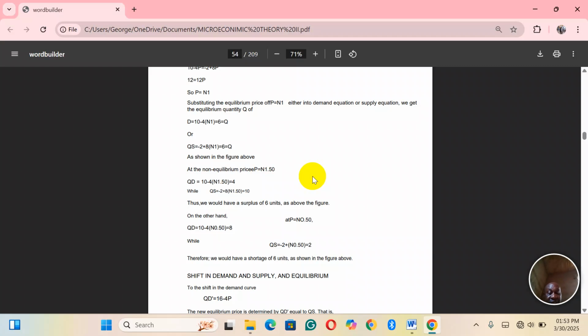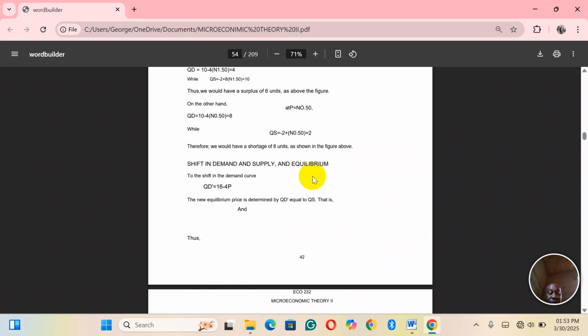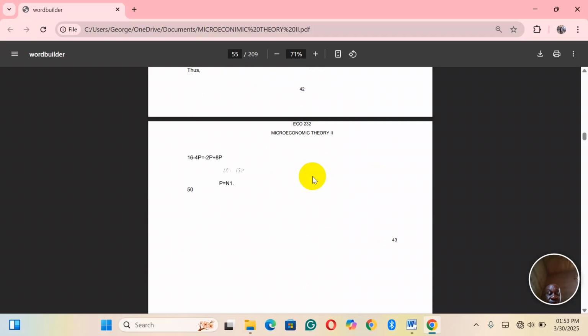Next, the shift in demand and its effect on equilibrium. The new quantity demanded is 16 minus 4P, and the new equilibrium price is determined by setting quantity demanded equal to quantity supplied: 16 minus 4P equals minus 2 plus 8P.